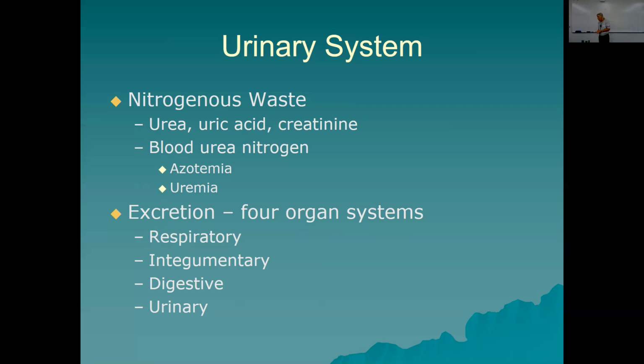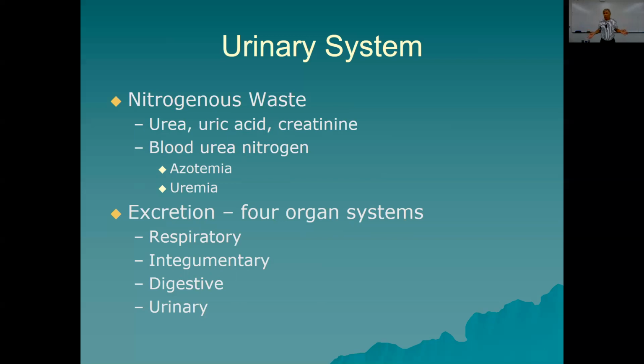Okay. So when we talk about excretion, we're talking about ridding the body of metabolic waste products. Right? And really, there are four organ systems that do this. Respiratory system. We saw that in the last chapter, CO2 in your exhaled breath.